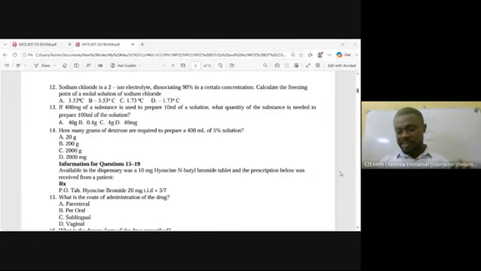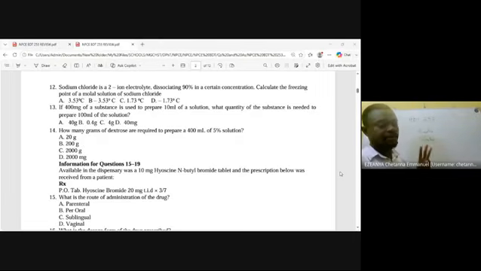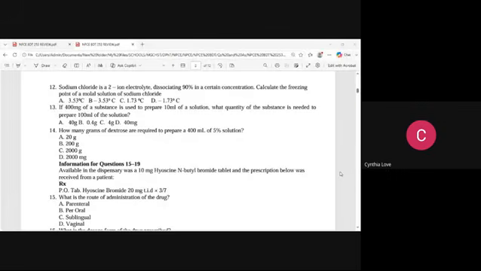Does it make sense now? Examples: relative lowering of vapor pressure. I don't understand that one. Don't worry. Good. Next one.